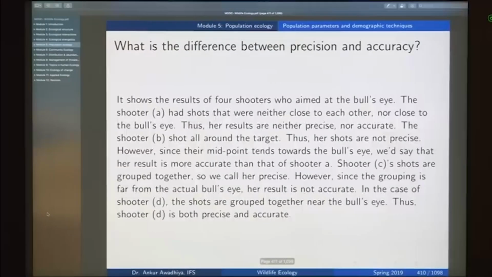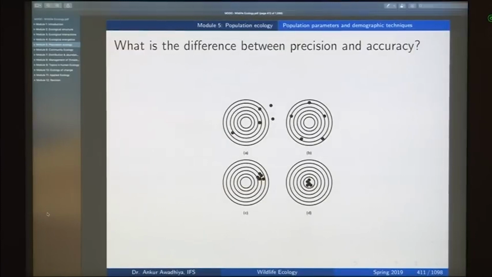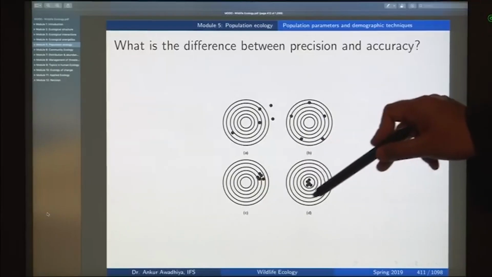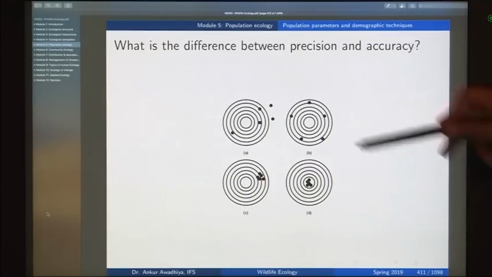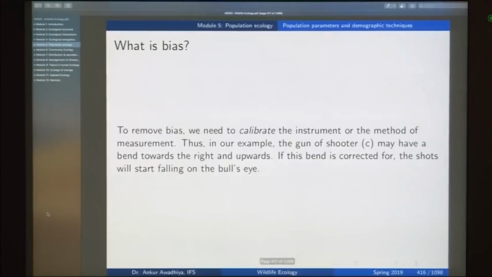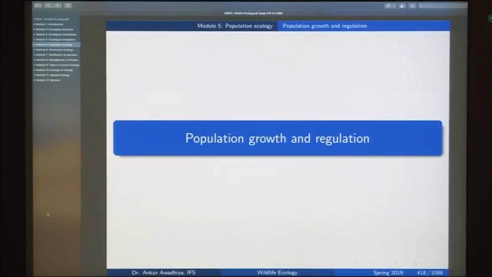Then we looked at the difference between precision and accuracy. So, if your measurements are close together, we say that they are precise. If your measurements are close to the actual value, then they are accurate. So, we want to have those measurements that are both precise as well as accurate. Now, if you have precise measurements but not accurate measurements, you need to calibrate your method to overcome the bias.